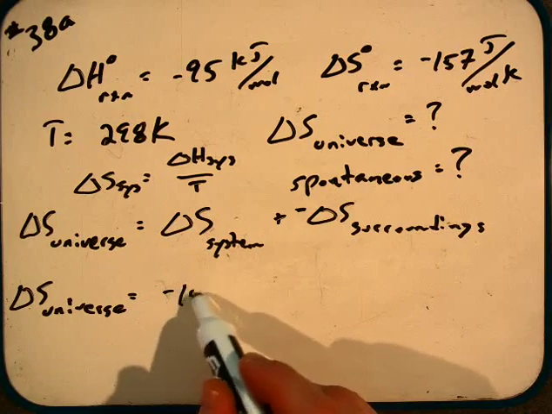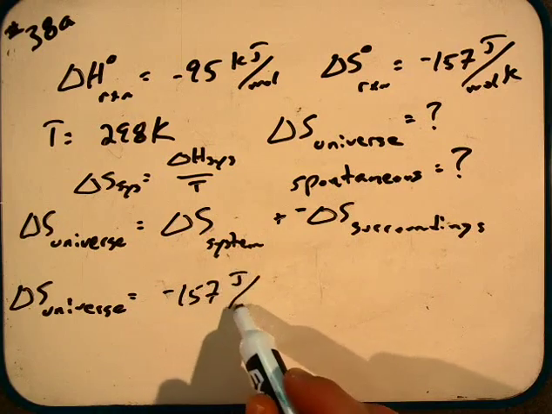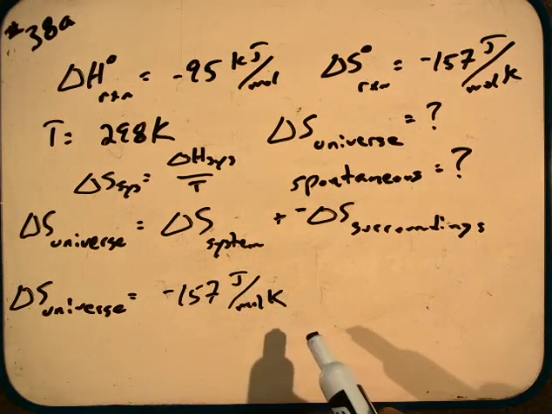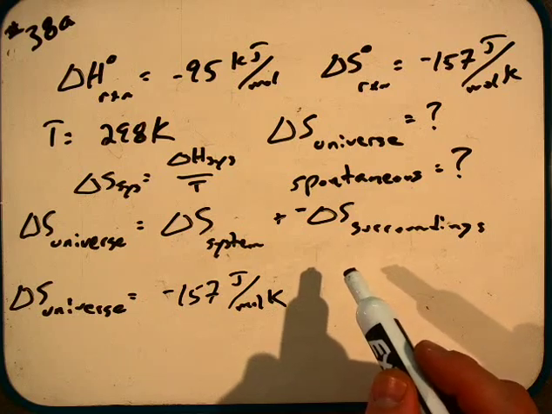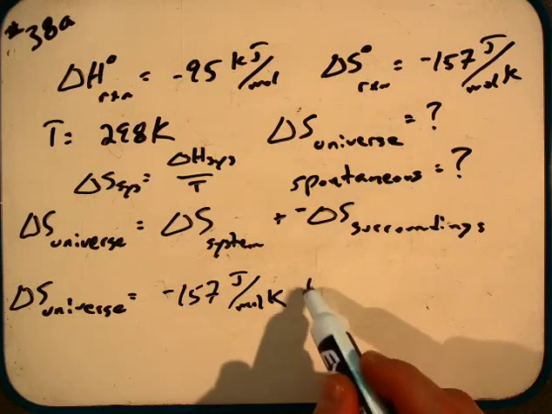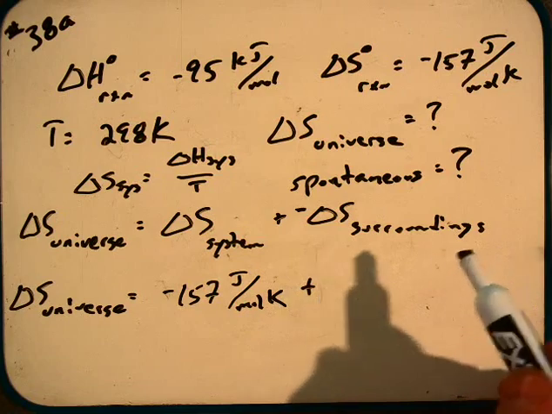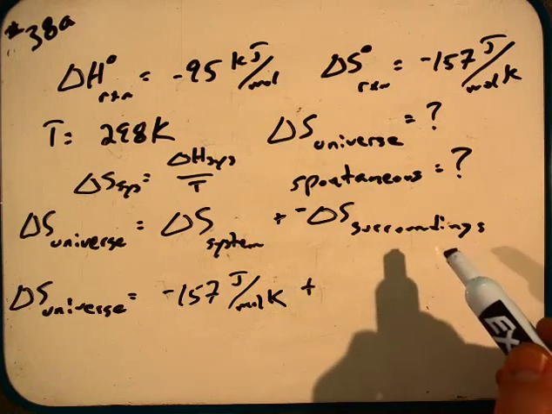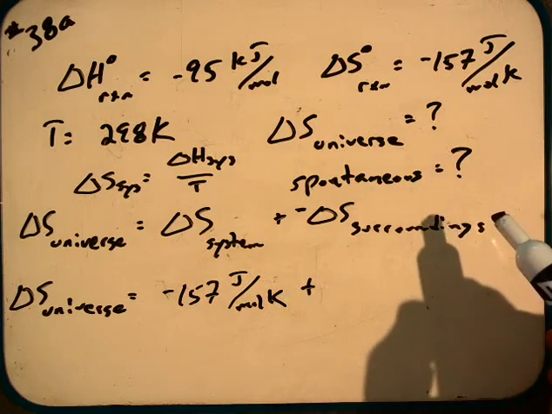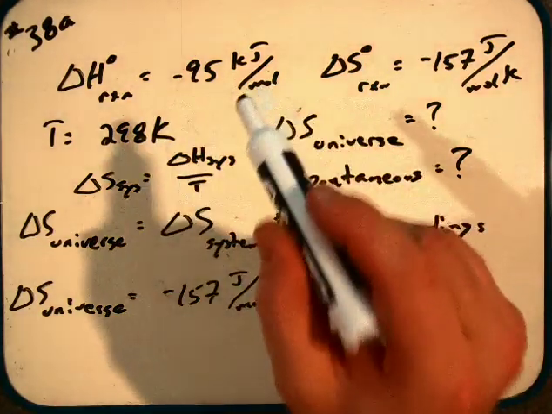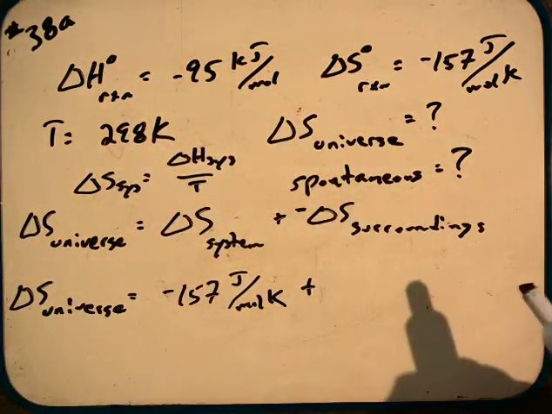So we have that negative 157 joules per mole Kelvin, and then that's going to be plus the delta S of the surroundings. Well, we aren't given the delta S of the surroundings, but we are given the delta H of the system and temperature.